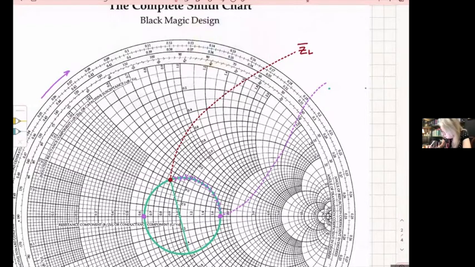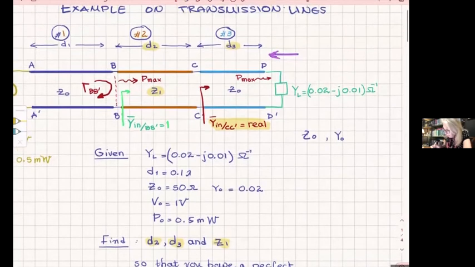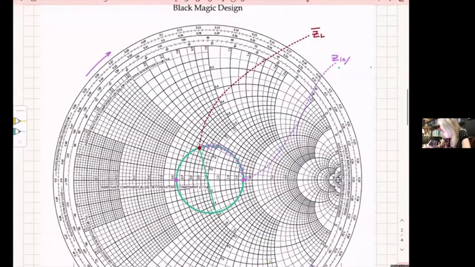This is point Z in at CC prime. This is Z in normalized at CC prime. See, you can use impedances or admittances. And this is real. So I'm going there and I have that at CC prime.